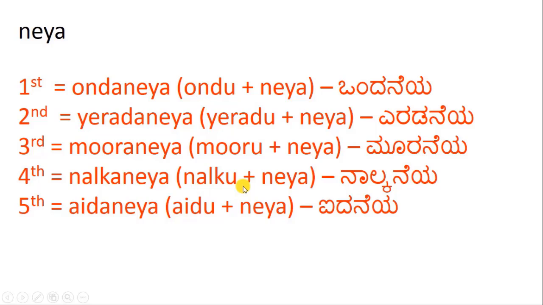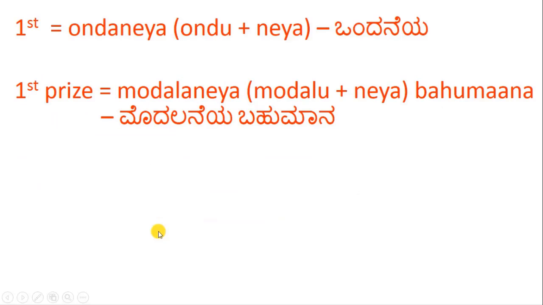Bahumana is prize. If it is fifth prize or fifth position, let us assume, Aidaneya Sthana. So that is how it is written and read. Only for first prize or first we have two, Vandaneya and Modalaneya.